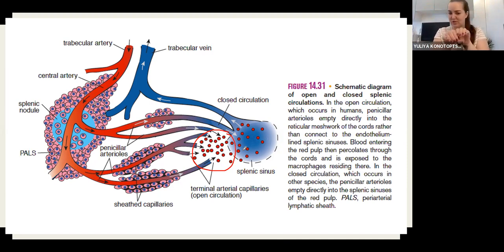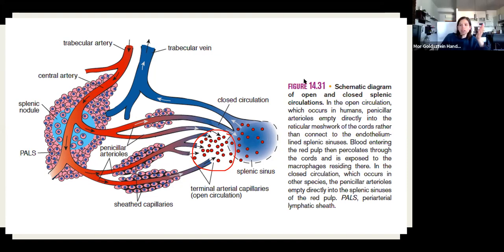Animals have closed circulation where blood is not being filtrated. We have a gap between the two vessels. Penicular arteriole, splenic sinus, they have a gap. And what is in this gap? You have the cords of Billroth here, like a filter that is constantly filtrating your blood. The gap is called the cord?